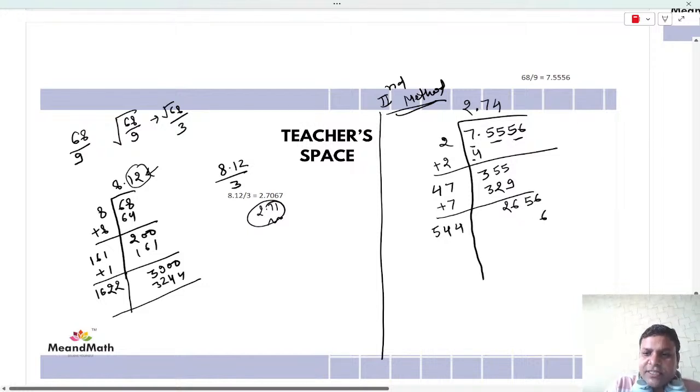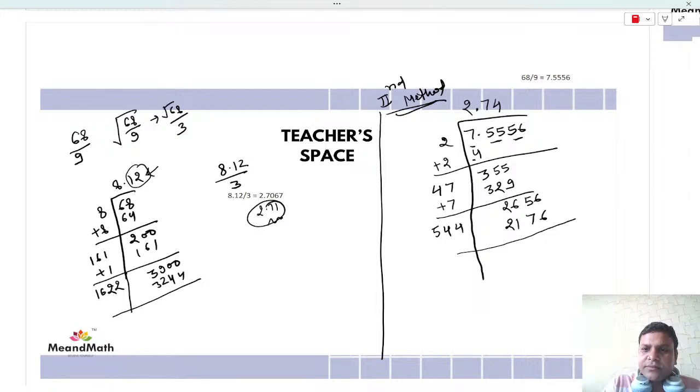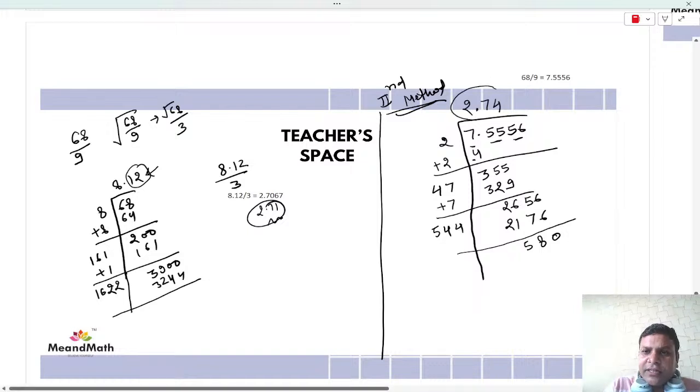So 4 4s are 16, 7 4s are 28. Right. So in round figure, the 2 digit answer is 2.74.